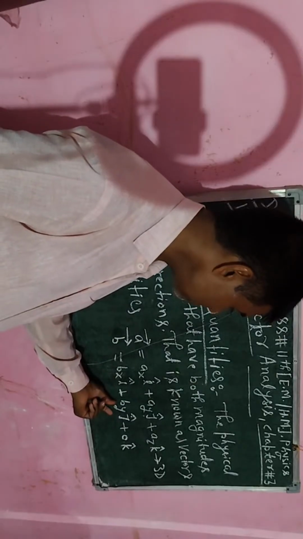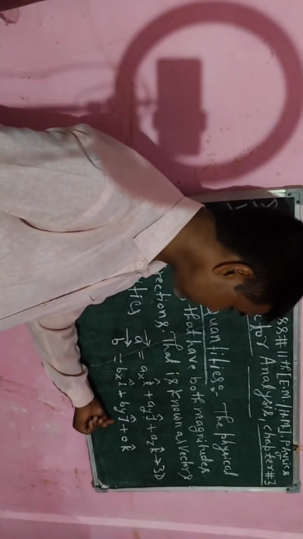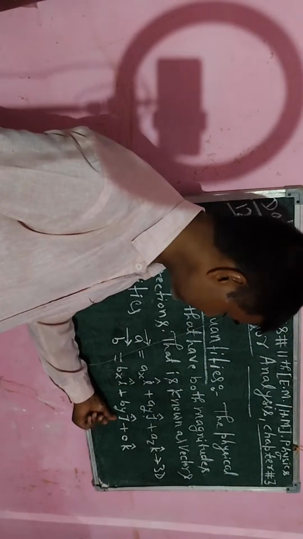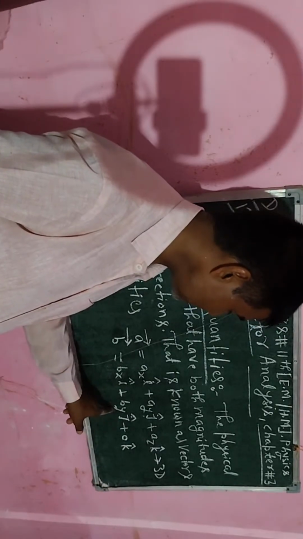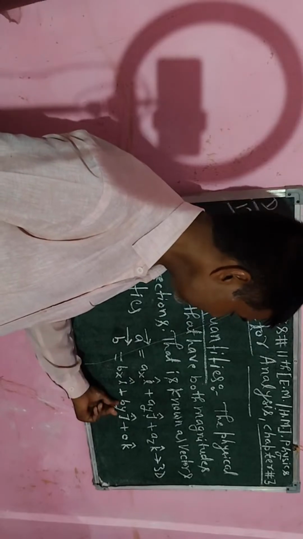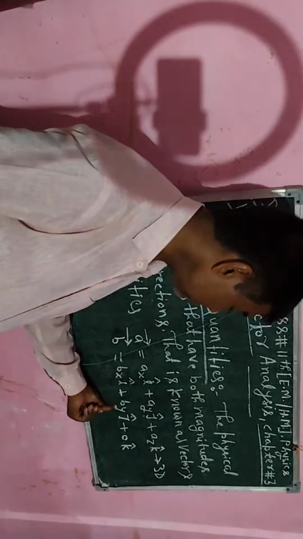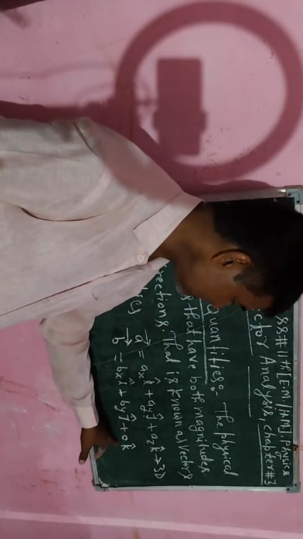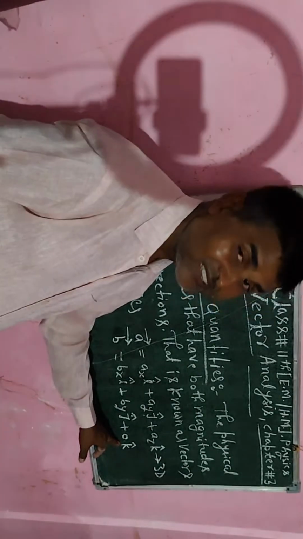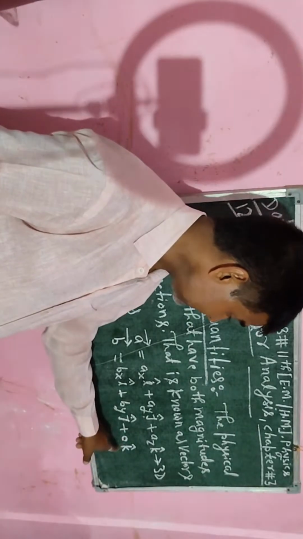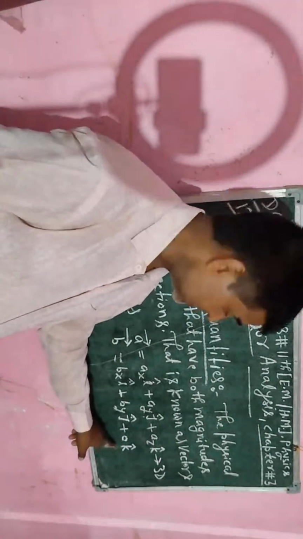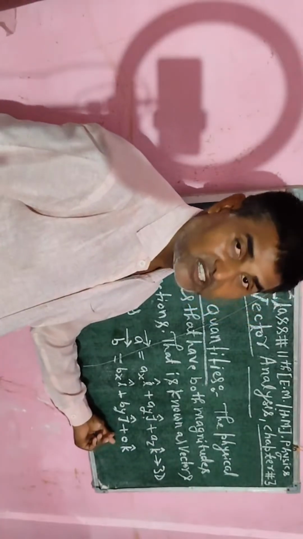This is the coefficient of j, the y-axis coefficient of j. It means that it is along the y-axis, and its magnitude is by. Similarly, I will say 0 is the coefficient of vector k, which represents the z-axis, but its magnitude is 0.